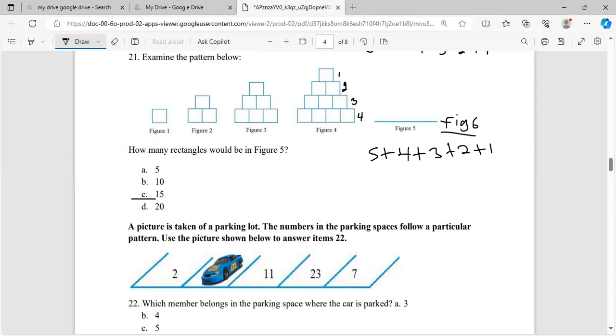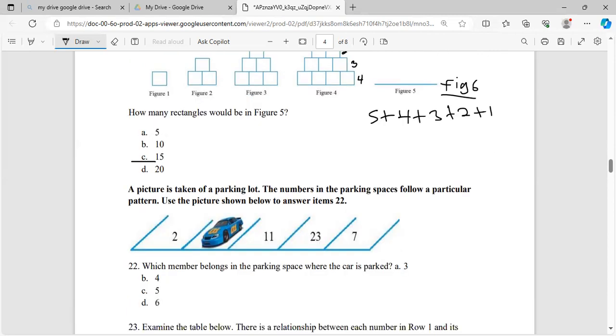Alright, a picture is taken of a parking lot. The numbers in the parking spaces follow a particular pattern. Use the picture shown below to answer item 22. Which number belongs in the car? I think there's an error on this one.